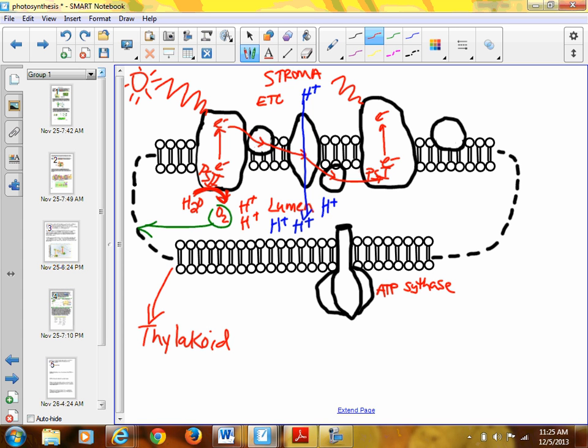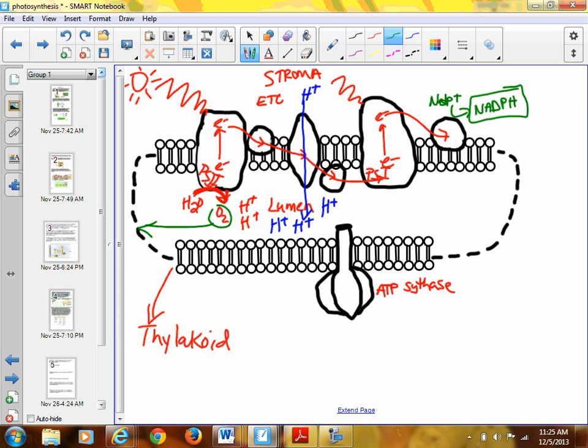Now that electron can be passed off to the next protein, where it is going to use its energy to power up an NADP plus into an NADPH. So this one is now fully loaded with electrons and ready to go over to the Calvin cycle.